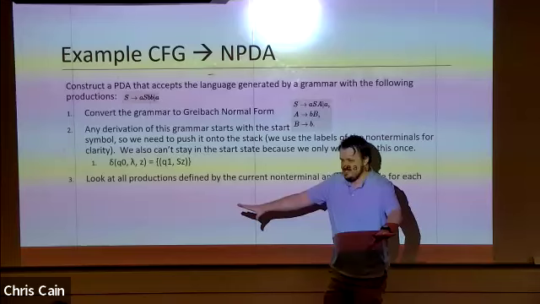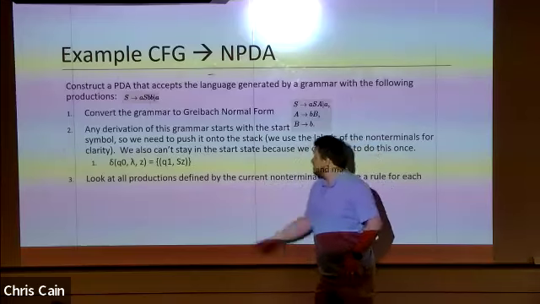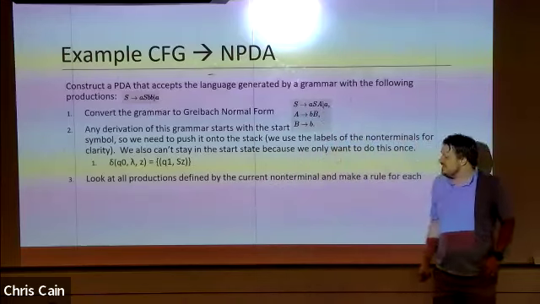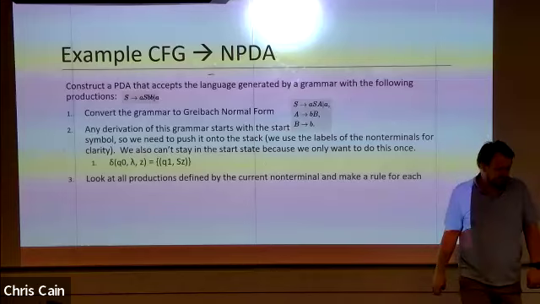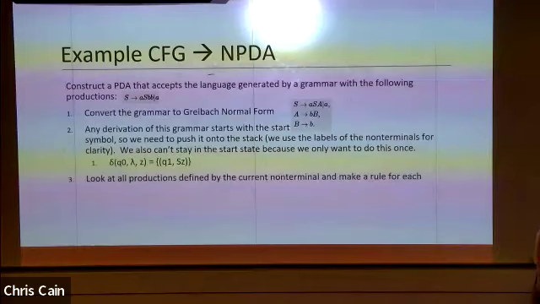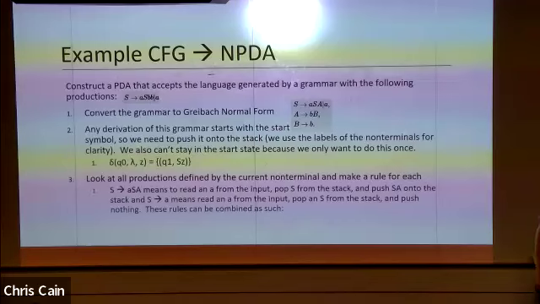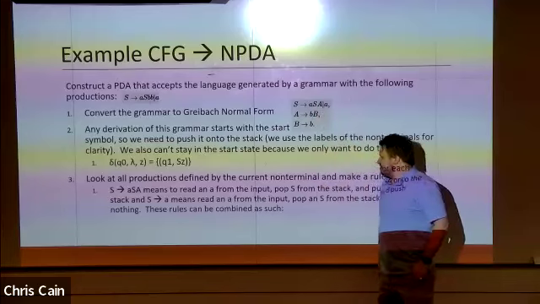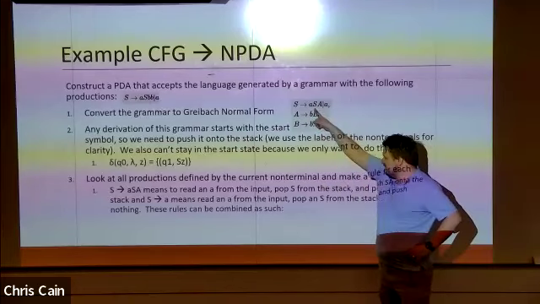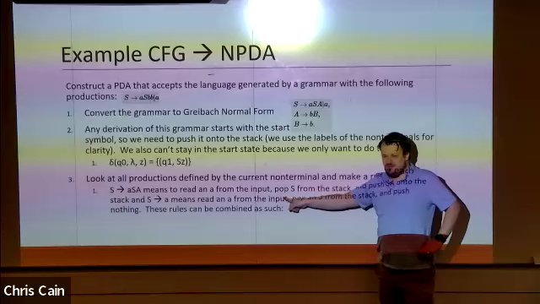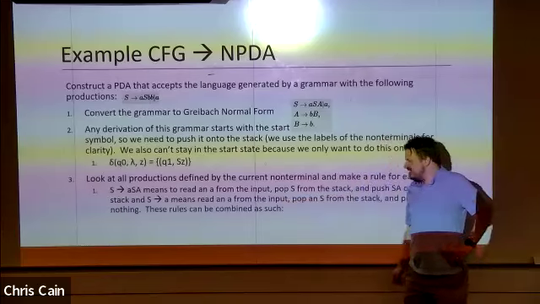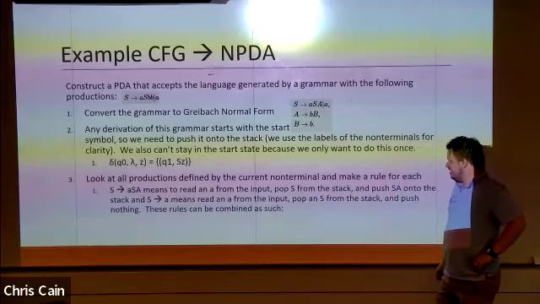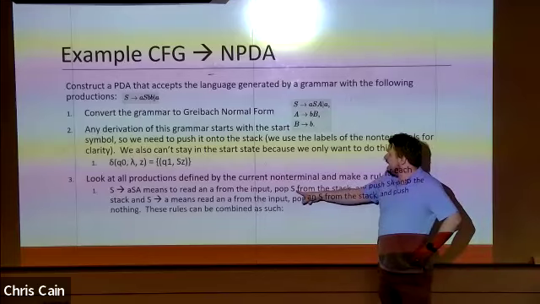We need two possible transitions out of that adhere to these two rules. That's the only thing we can do from an S. So for S arrow lowercase a capital S capital A, we're going to read an a from the input, so that becomes the edge label. Transitioning on an a in the string, popping S from the stack.